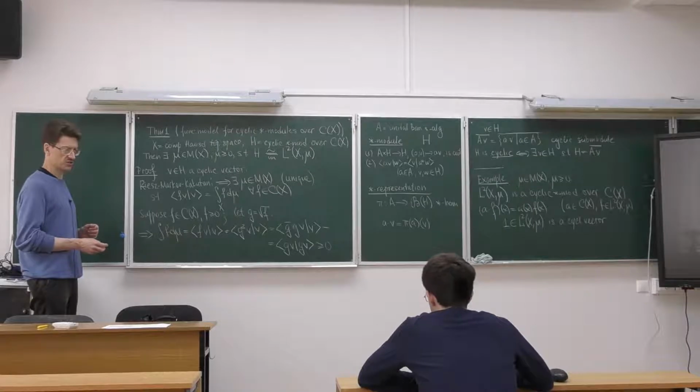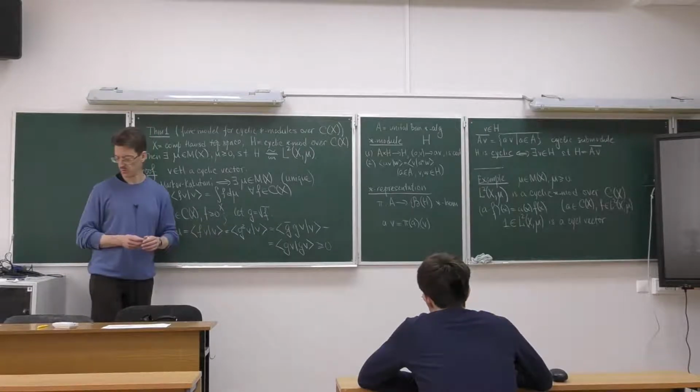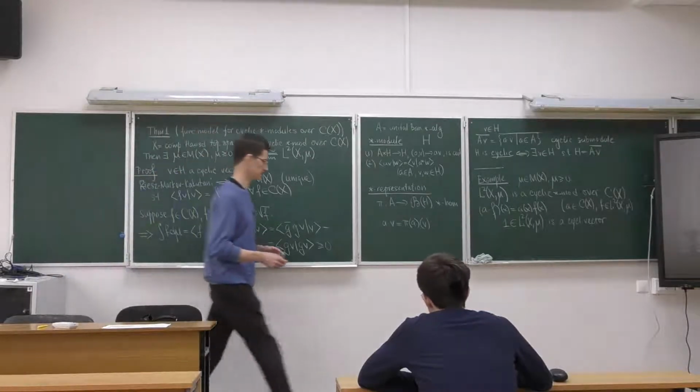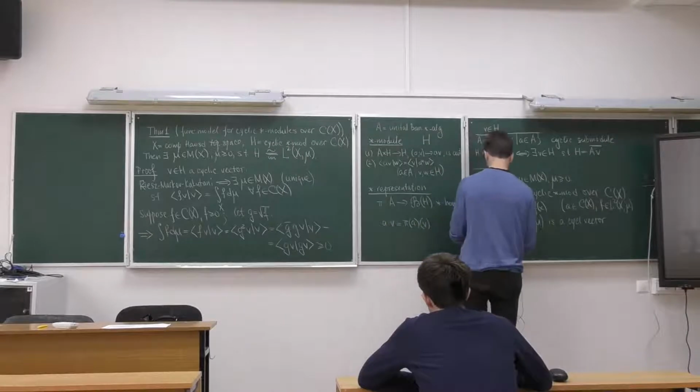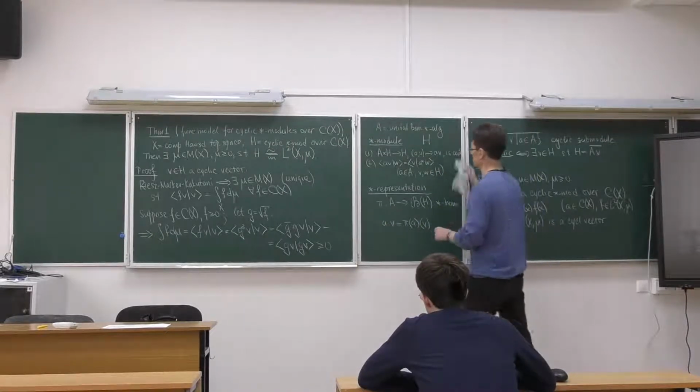So we see that our measure mu has the property that the integral of any non-negative continuous function with respect to mu is non-negative. It's a simple exercise to show that this property implies that mu is a positive measure.